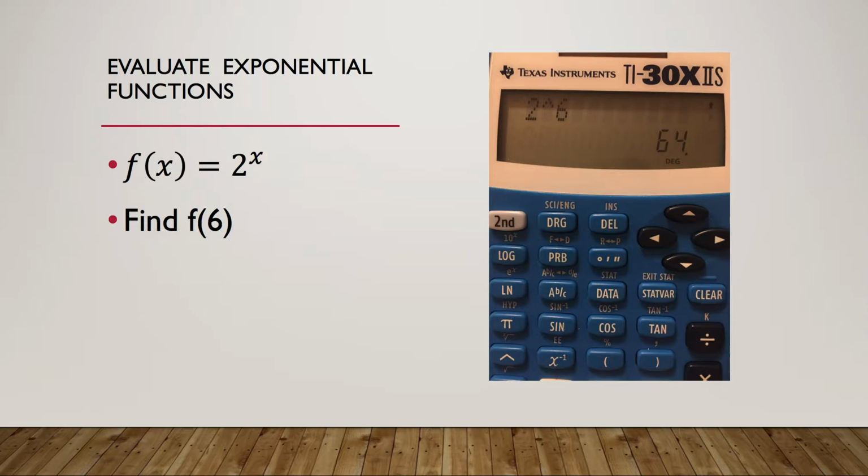Remember that when you're evaluating a function, you take whatever's in the parentheses and plug it in for x. So in place of this x, we would put a 6, and evaluating f of 6, we would have 2 to the 6th power. Then we would go to our calculator with that.